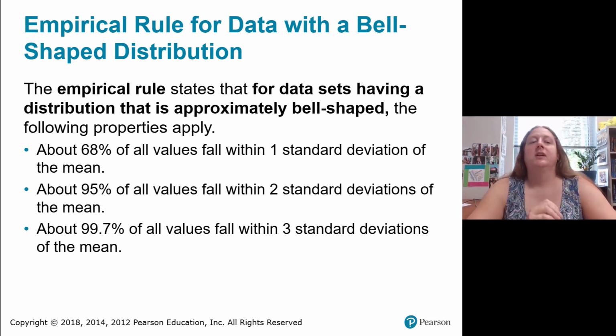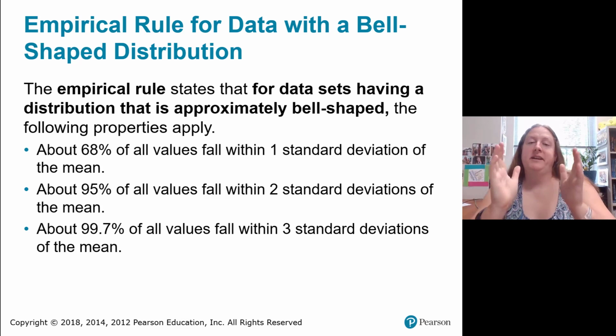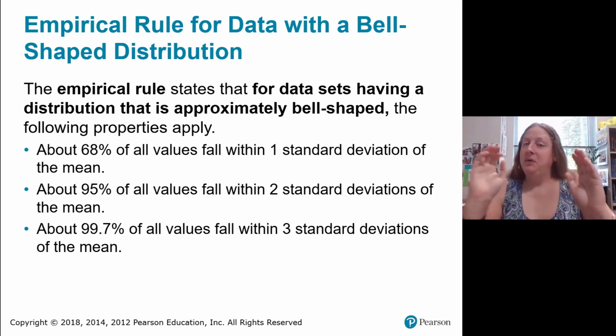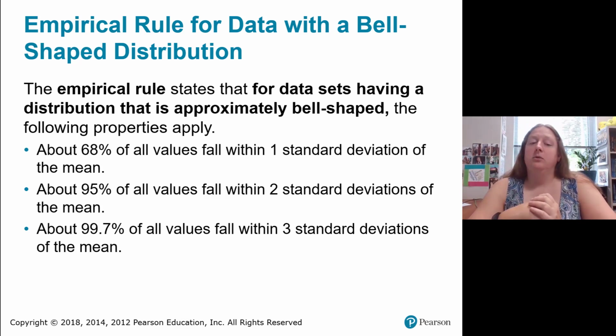All right, so when we have bell-shaped distributions, remember this is that normal idea where it's symmetric and it's taller in the middle and shorter at the ends, then we have this empirical rule that tells us that about 68% of all of the data fall within 1 standard deviation of the mean, about 95% fall within 2 standard deviations of the mean, and about 99.7% fall within 3 standard deviations of the mean.